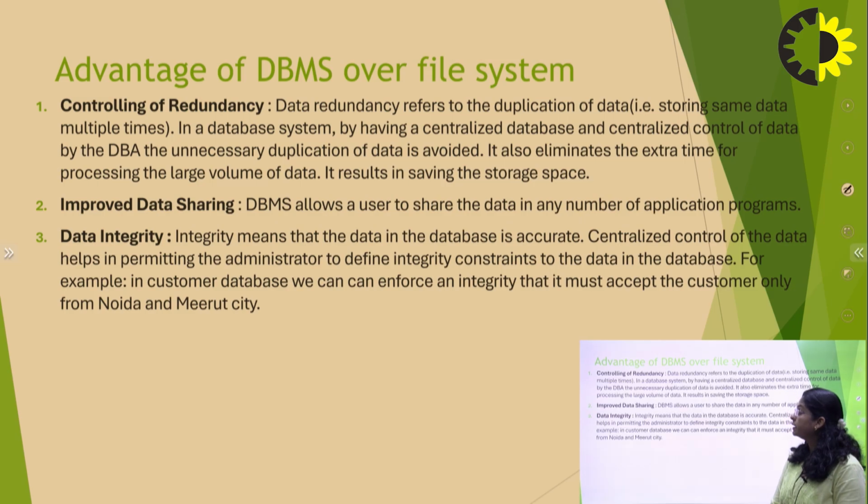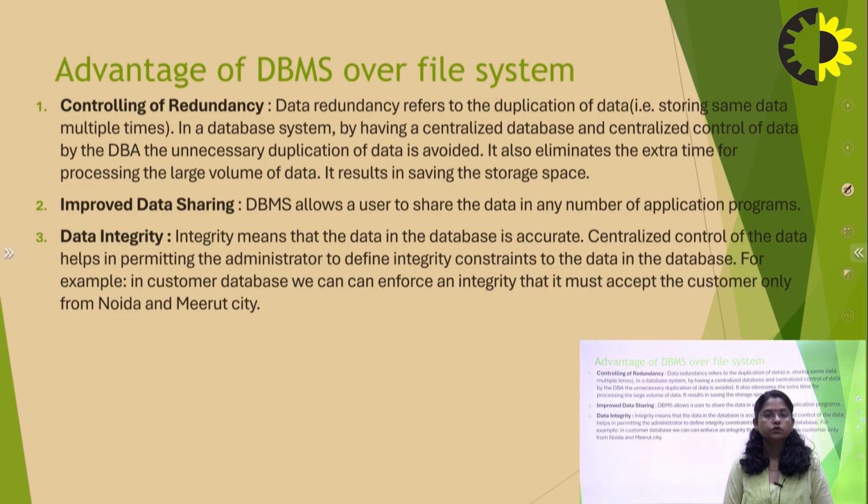Next, what are the advantages of a database management system over a file system? In a file system, we use various methods. First, controlling of redundancy. Data redundancy refers to the duplication of data, that is, storing the same data multiple times.